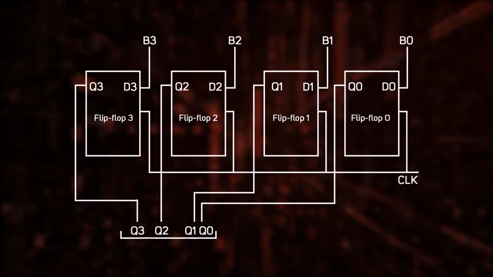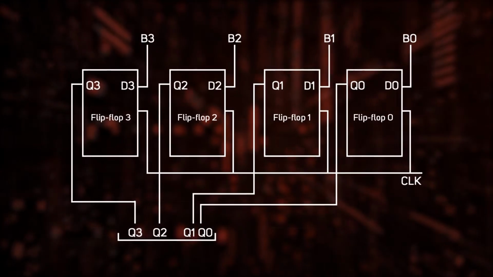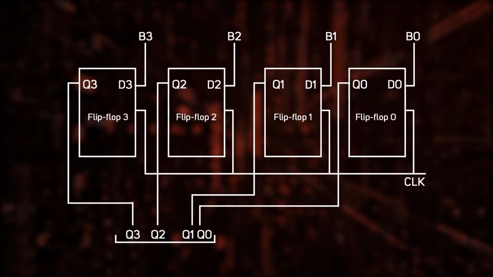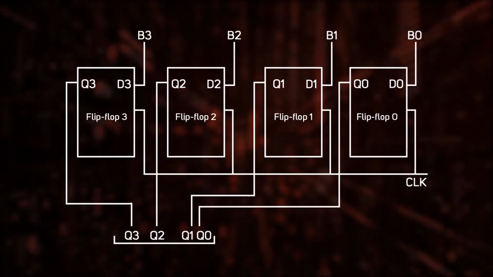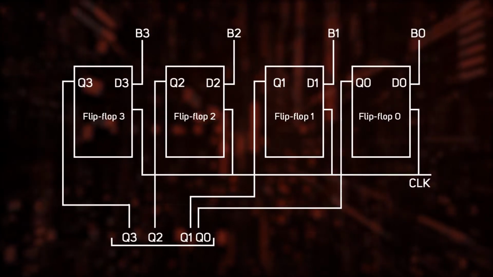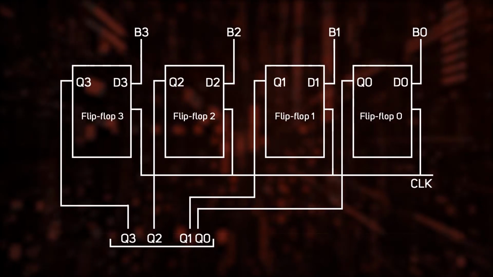That is, when D equals 0, Q will also be 0, and when D equals 1, Q will turn out to be 1. So, as per this, the outputs Q0 to Q3 will be the same value as their corresponding inputs, or in simple words, the output is equal to the input.